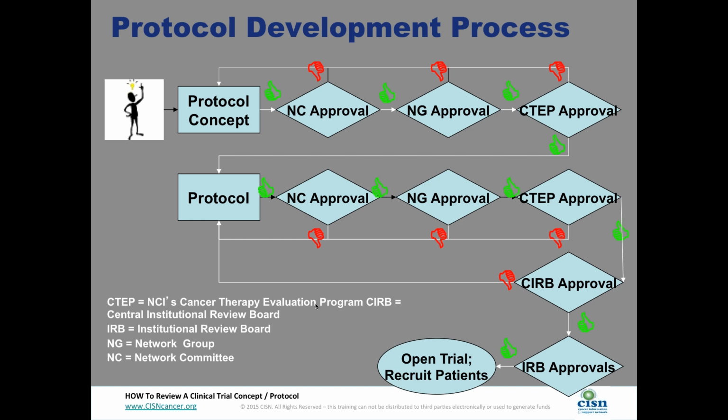And at that point, it would be an open trial, and recruitment could start. So this is kind of the process. Make sure that in each of your groups you know where that is, and you're on all the correct calls and meetings to voice your suggestions.